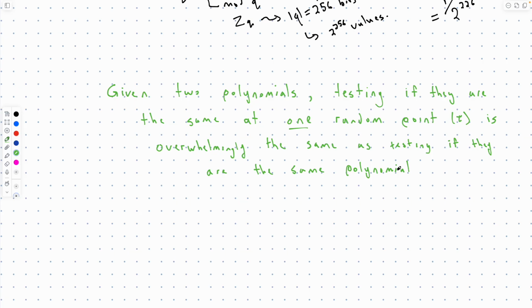And what you'll do is you'll just pick one random point. I'll open all my polynomials at that one random point. And if that identity holds at that one random point, it must hold at all the points on the polynomial, overwhelmingly. Okay. So we're going to use this fact itself. Okay, are there questions about this?